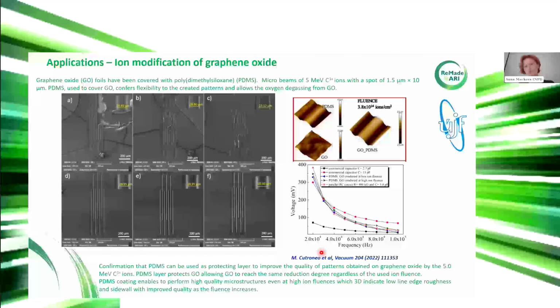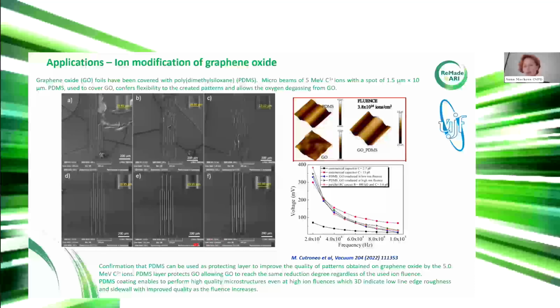We would like to make these microstructures in graphene, but we saw that in graphene it is not so perfect. There are some edges, there are platelets. So we would like to improve our microstructure and use higher ion fluences for the microstructuring.